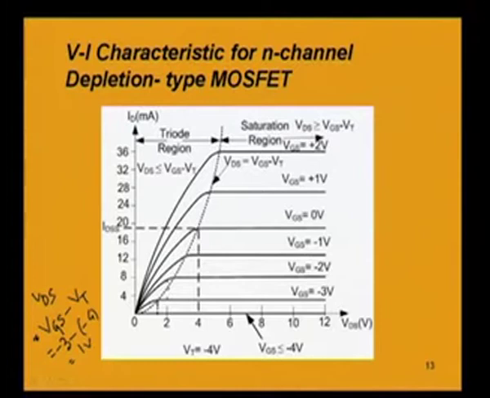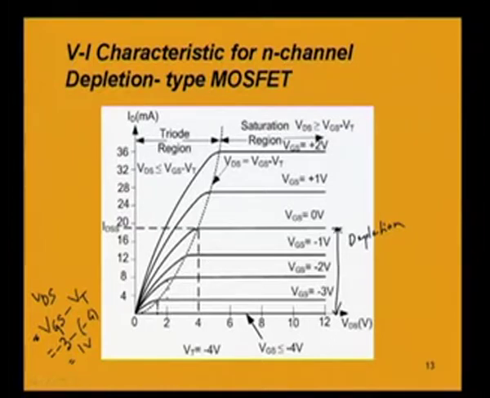Similarly we can carry on. When VGS is equal to 0, we get IDSS, the drain to source saturation current. So, from this point to this point, the depletion phenomenon is going on. This is the depletion region.